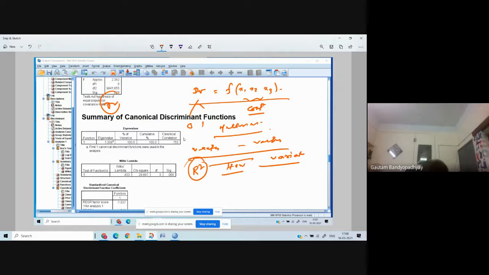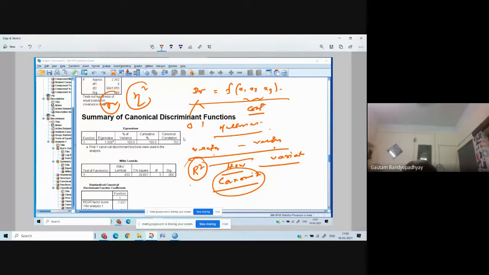But here, since it is vector to vector, with more than one dependent and more than one independent variable, it is called the canonical correlation. So instead of multiple correlation, we apply canonical correlation. And the notation is eta square. That part I will discuss.